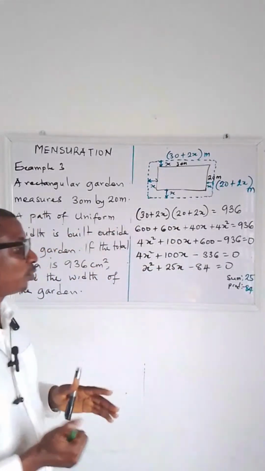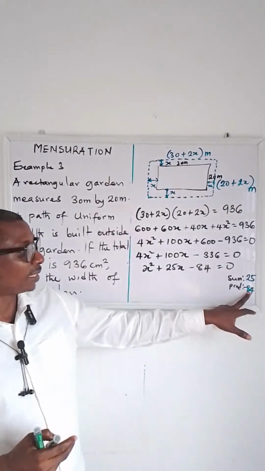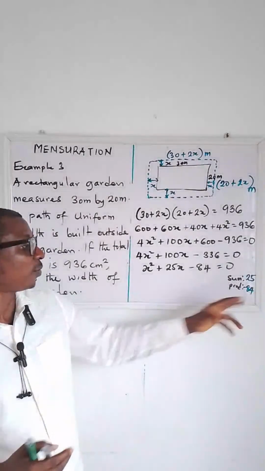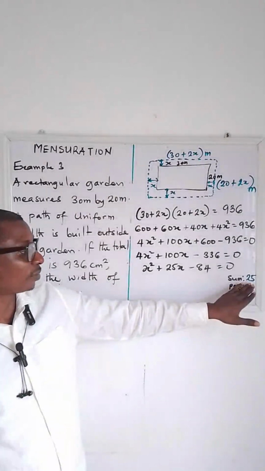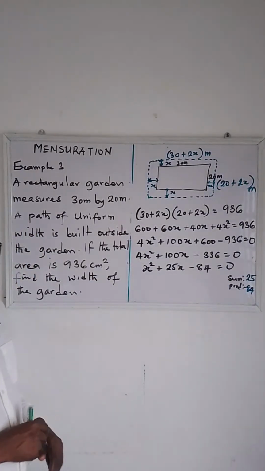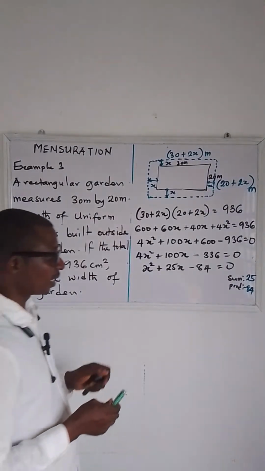So we need two numbers such that when you multiply them together, you have negative 84, and when added together, you have plus 25. What are the two numbers? I know you guys know the answer.